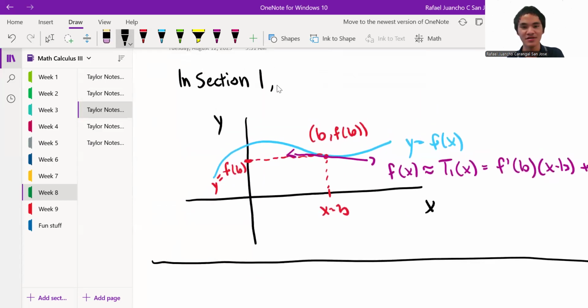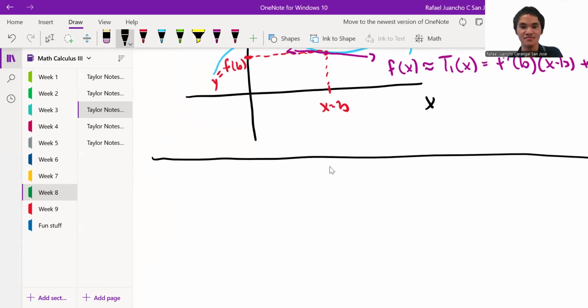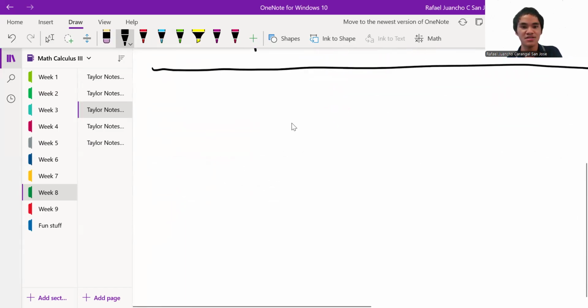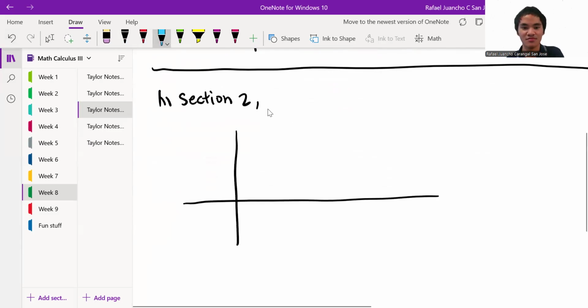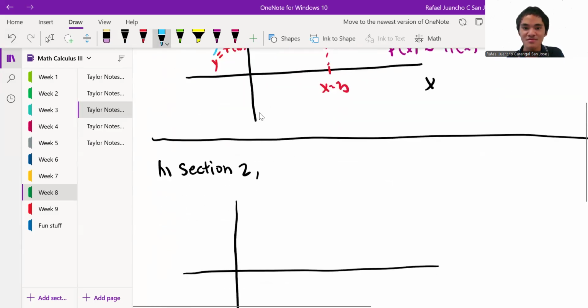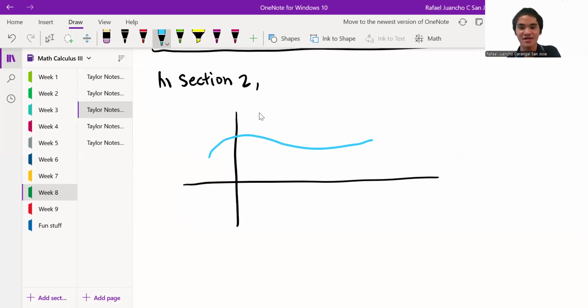So really, here we talked about first Taylor polynomials, how we can use that to approximate values at some given x value, right? Now in section two, which I haven't discussed because I think it's quite easy to say, there's really not much to say, but let's say we have the same thing. We're given the same plane curve, maybe I can't draw it the exact way, but something like that.